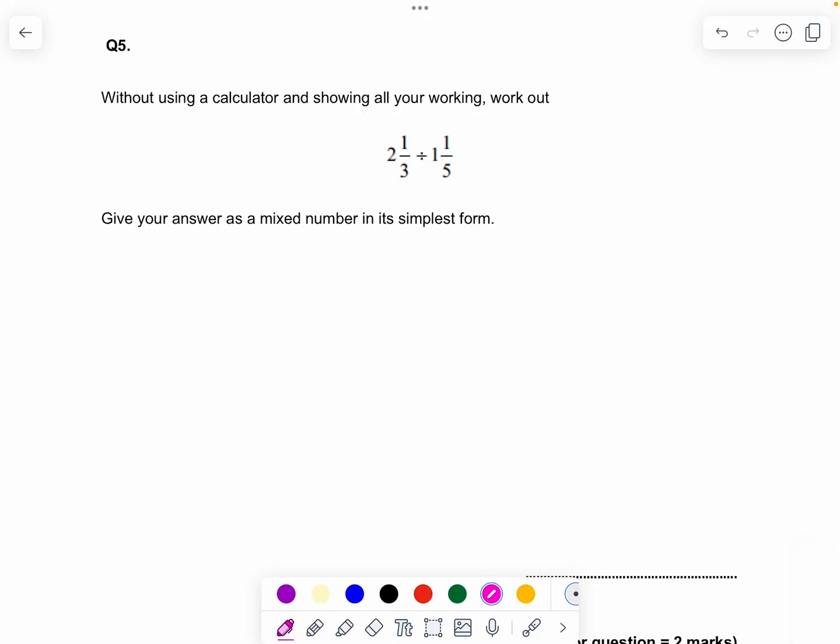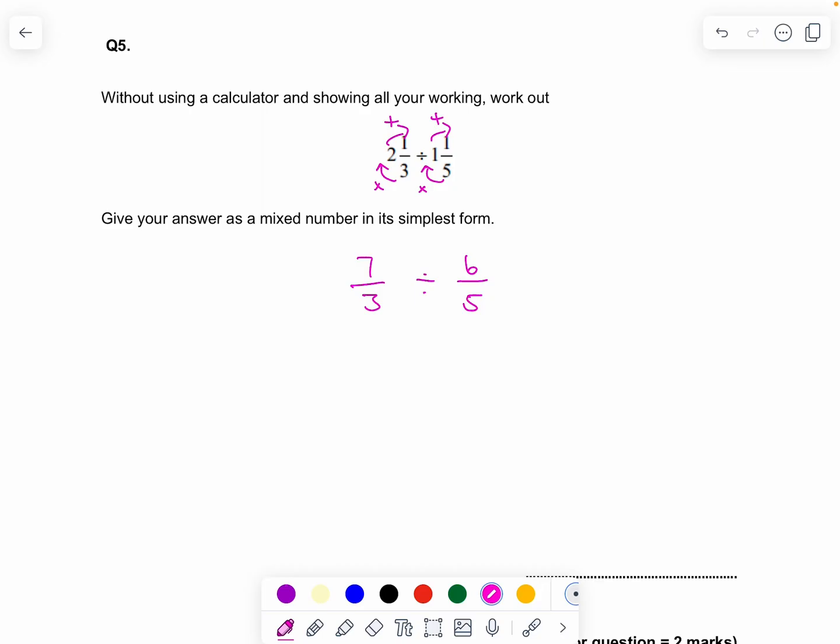Right, next one. If you want to divide these fractions, then we have to turn those into improper fractions first. So 2 times 3 is 6, plus 1 is 7, so 7/3, divided by 5 times 1 is 5, plus 1 is 6, so 6/5.